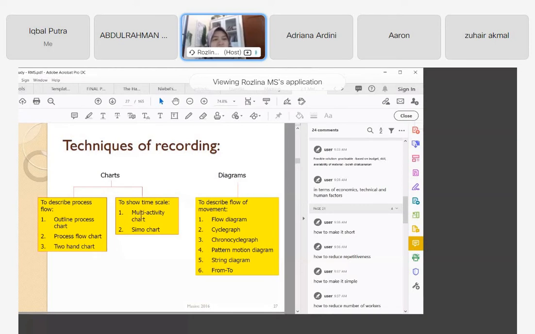Okay, if you want to show the time scale, you can use a multi-activity chart and simo chart, or diagrams to describe flow of movement, such as flow diagram, cycle graph, chronocycle graph, pattern motion diagram, string diagram, and from-to chart.